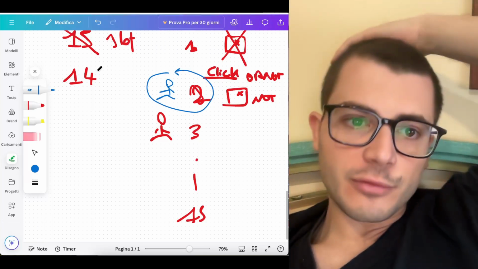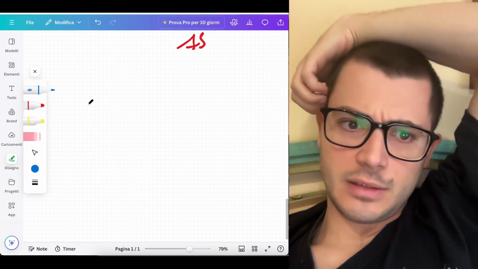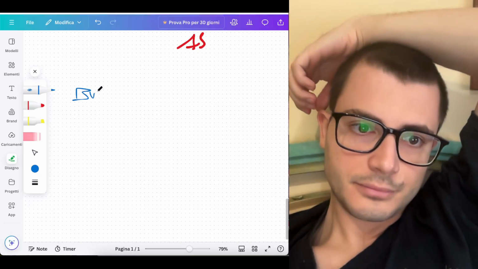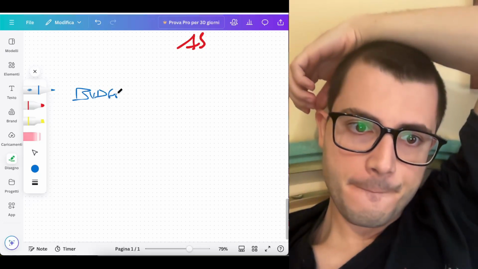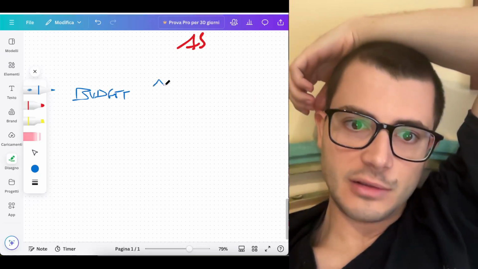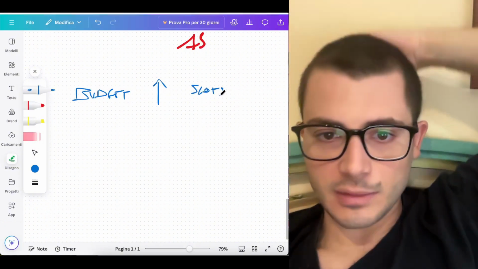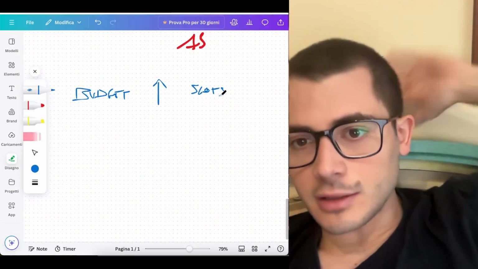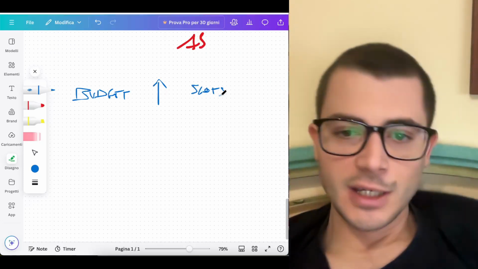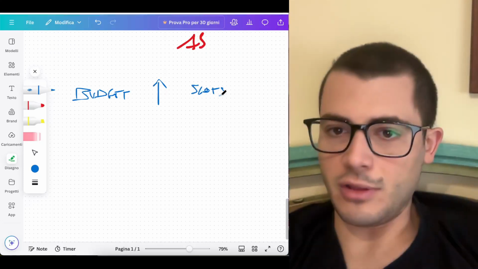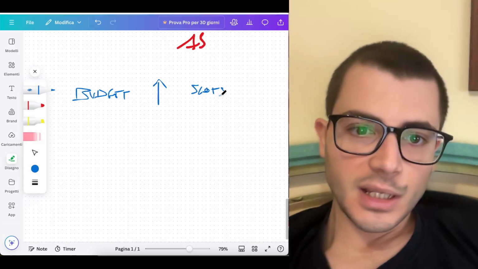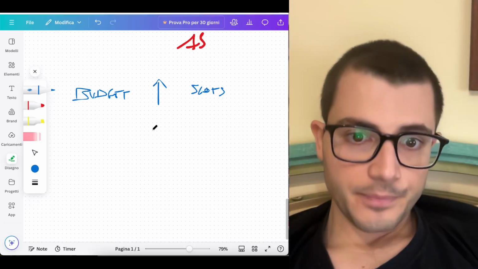Of course, you have the budget. Budget increases the number of slots, because if you can spend 100 euro per day, you have more slots compared to someone that wants to spend $5. It's pretty easy to understand.